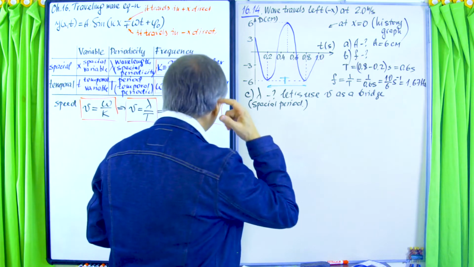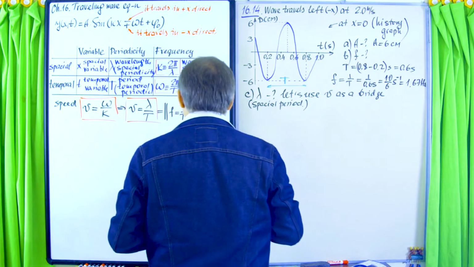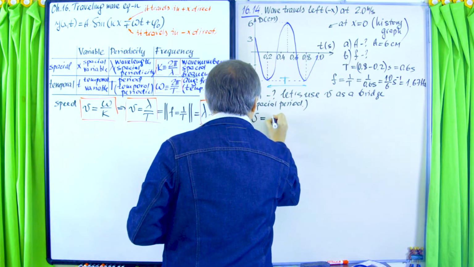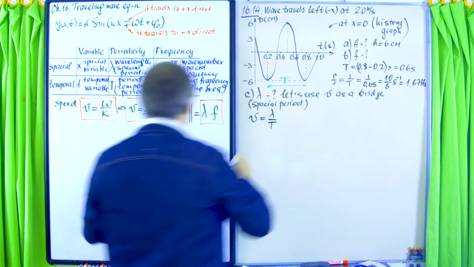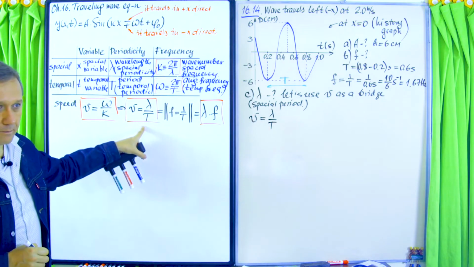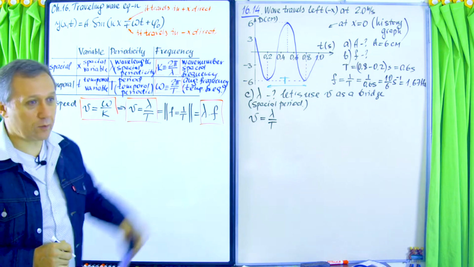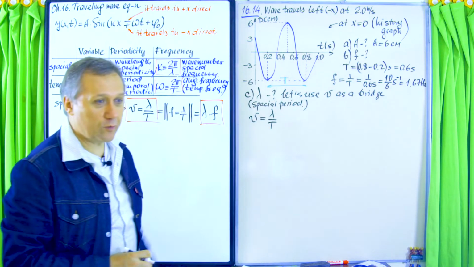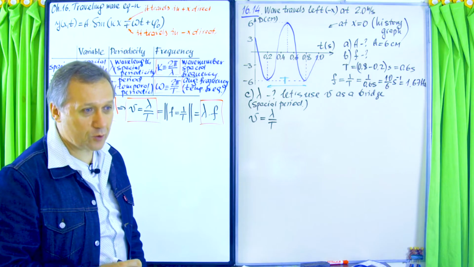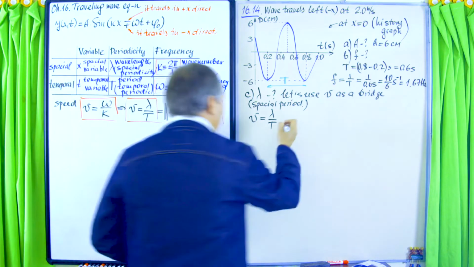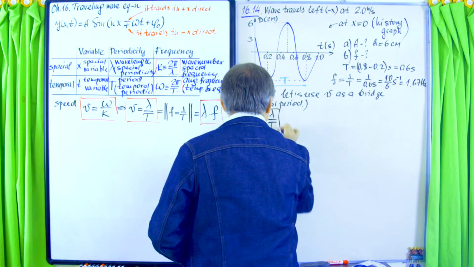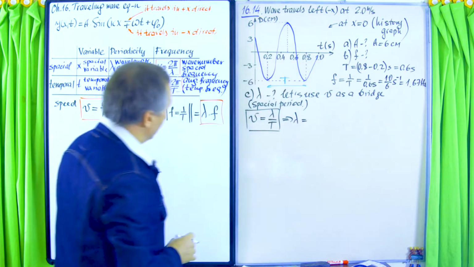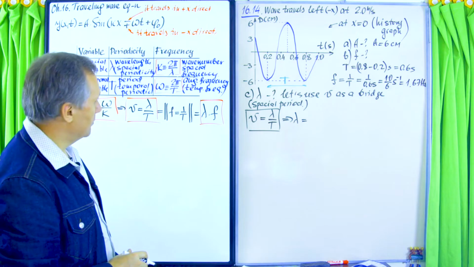Okay, so now I would probably use v equals lambda over T. The period we just found. Speed is given, so we should be able to solve it for lambda, right? So from here, maybe I can even frame it, I can get lambda equals to what? v times T? Yeah.